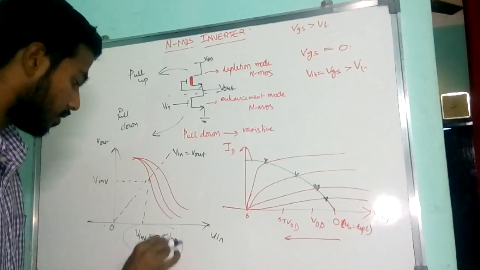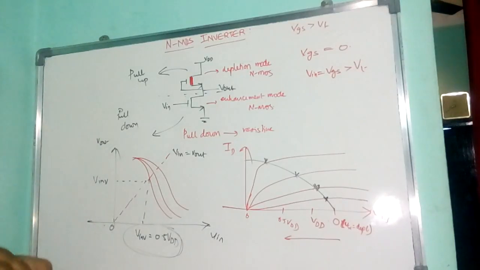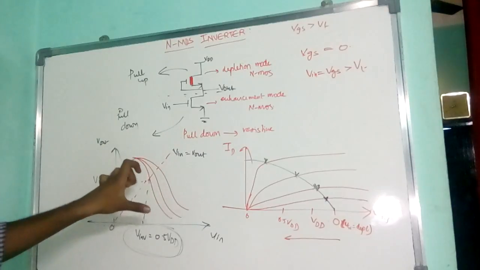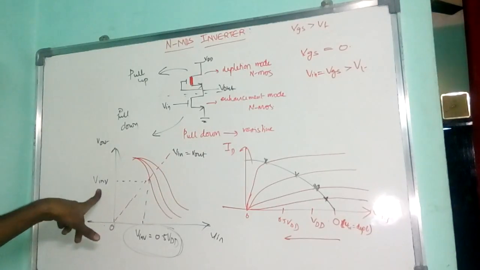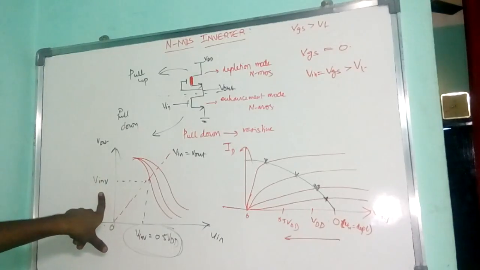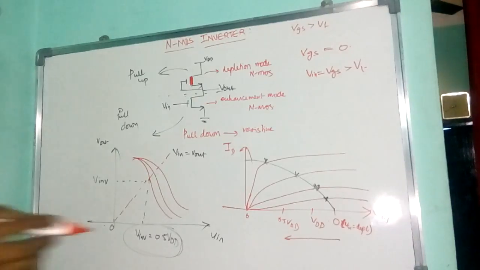This should be remembered because it is helpful in deriving the pull-up to pull-down ratio of this NMOS inverter, right? So whenever my Vin equals Vout, at that operating point, that voltage is called the inverting voltage, and it is given by 0.5 VDD.